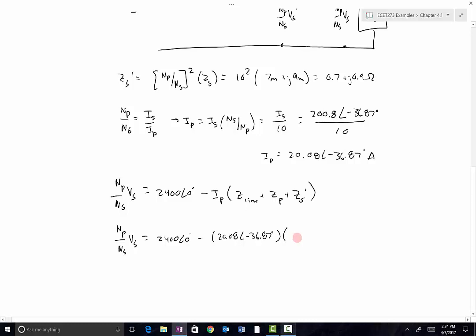The feeder was 0.7 plus J1.6, plus Z primary, which was 0.72 plus J0.92, and then ZS prime is the value we calculated right here, 0.7 plus J0.9.